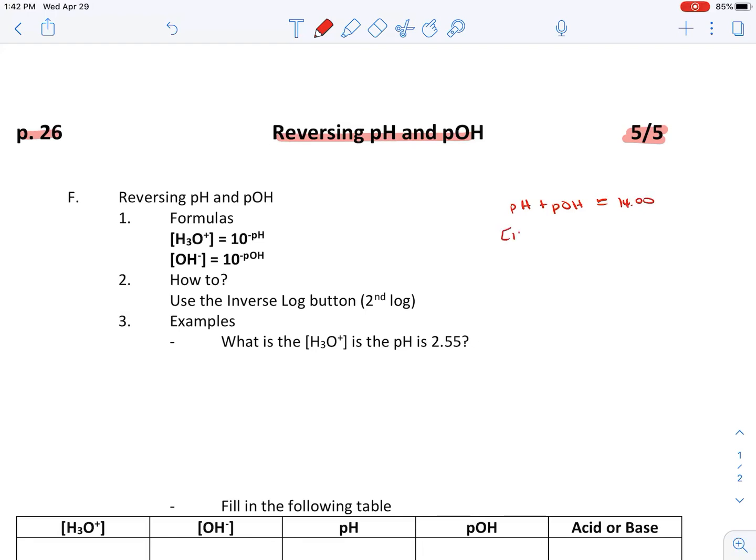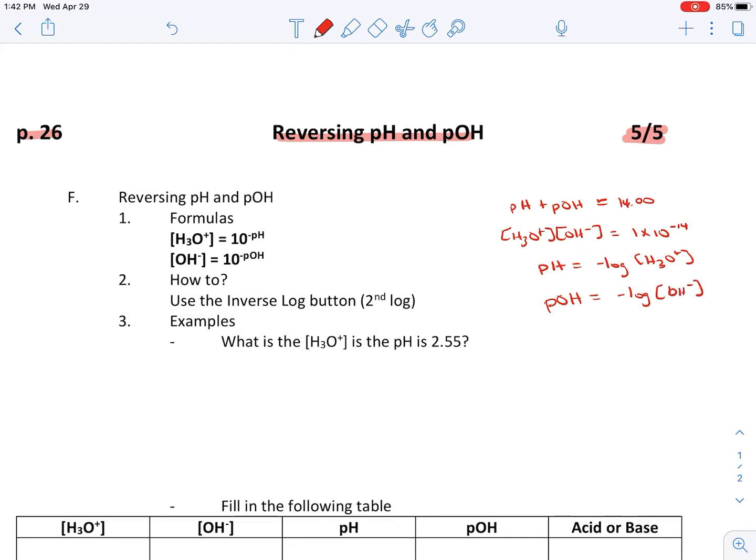We have the hydronium ion concentration times our hydroxide ion concentration is equal to 1 times 10 to the negative 14th. We have pH equals the negative log of our hydronium ion concentration. And we have pOH equals the negative log of our hydroxide ion concentration.